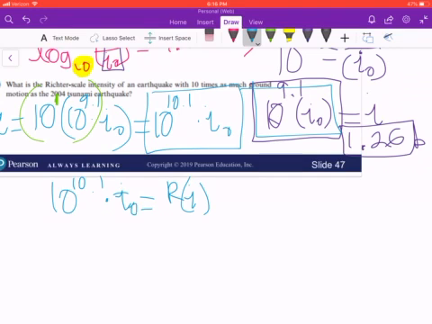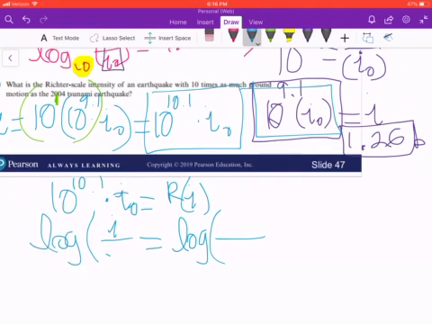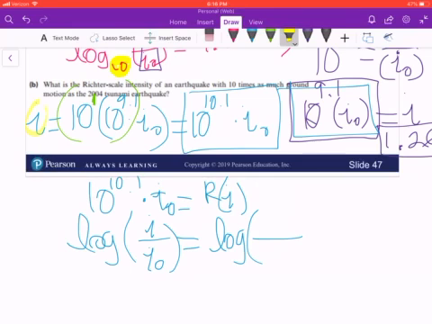And here I'm missing I sub 0. And so this will be the log of, instead of being log of I over I sub 0, we're going to replace this I with what we got here.